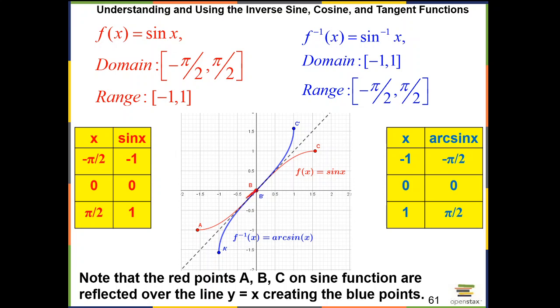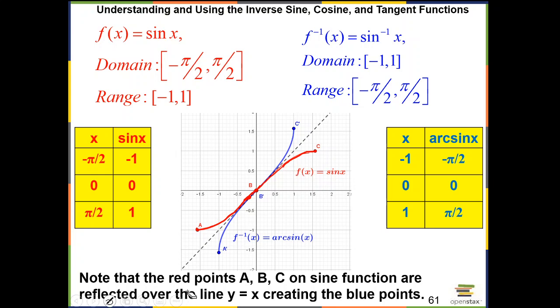So here's the sine right here, and then the other part of it. So it's just like so close to y equals x. That's what that is, right?